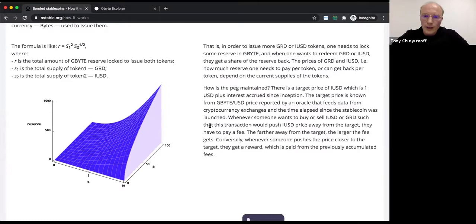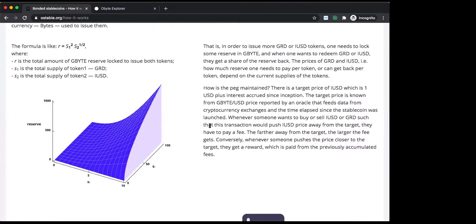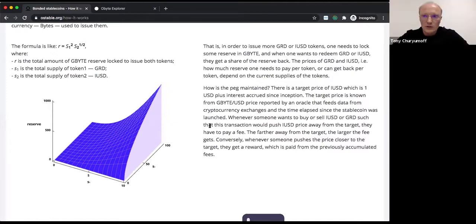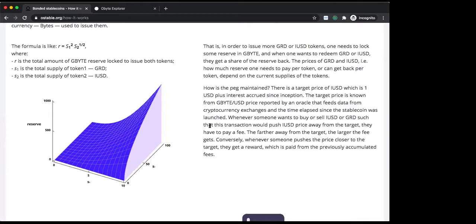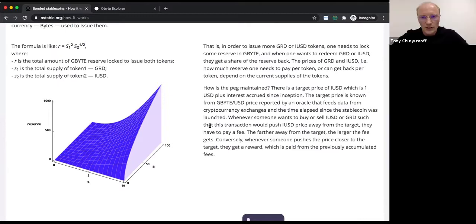And there is also another token which serves as a governance token, and its price depends on the amount of the stable tokens issued.